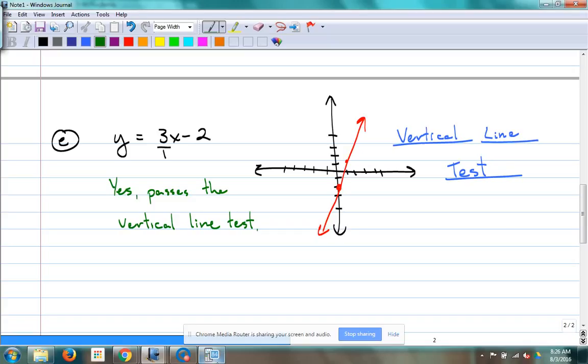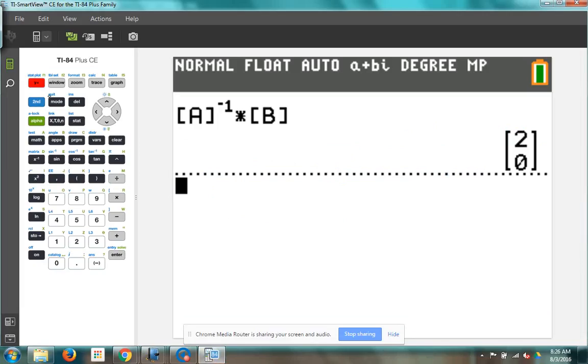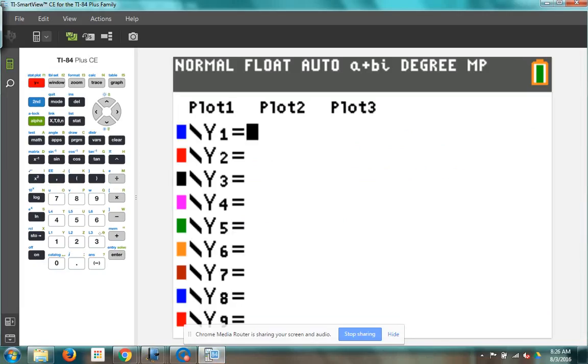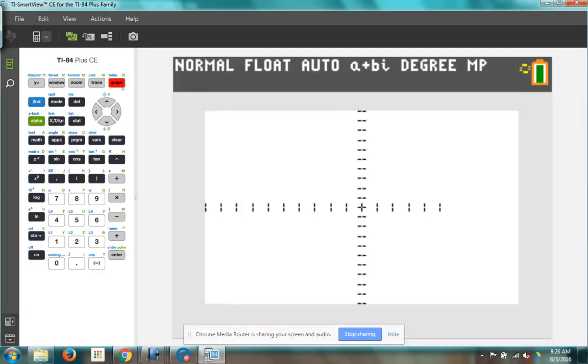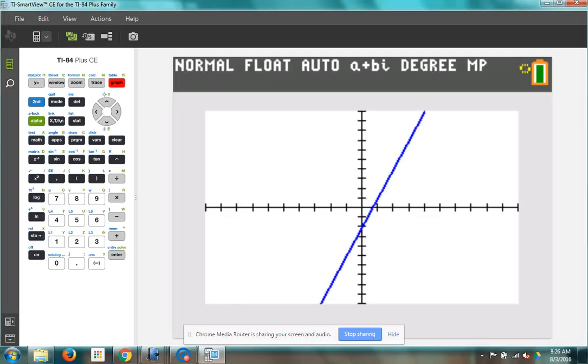If you've already got your graphing calculator, you could graph that by hitting y equals and then just put in 3x minus 2 and telling it to graph it. We'll get that same line that I just drew there. And you could do the vertical line test on that graph your calculator's drawn. Okay, so don't shy away from using a calculator to give you a quick graph to decide if something's a function or not.